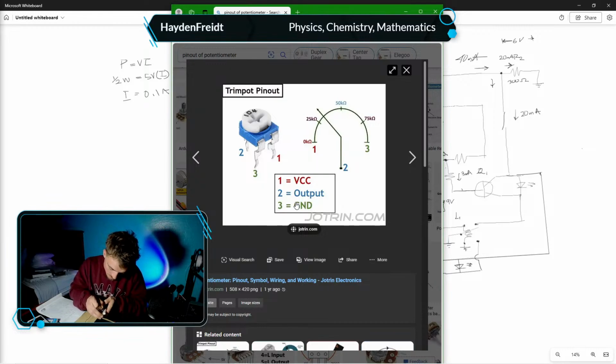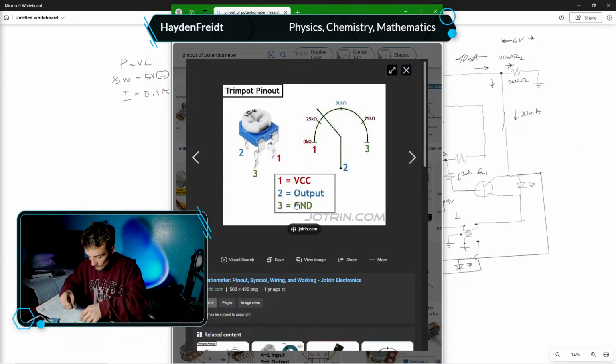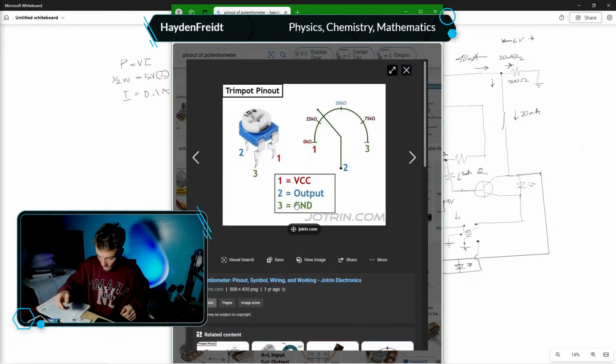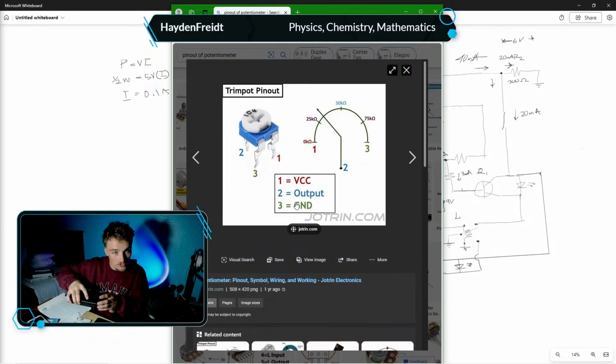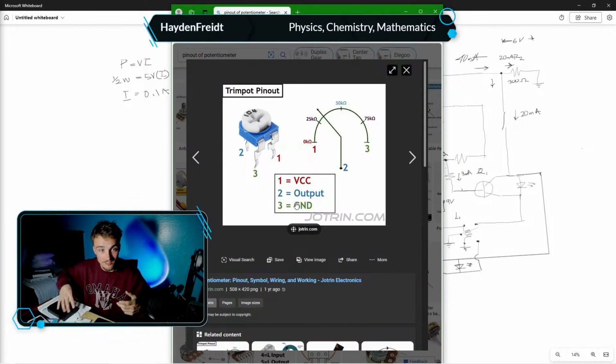VCC's on the right side. Grounded on the left. Okay, and my stuff's falling. Another thing I need is a flathead screwdriver so that I can turn the potentiometer, because it does not have a knob on it.